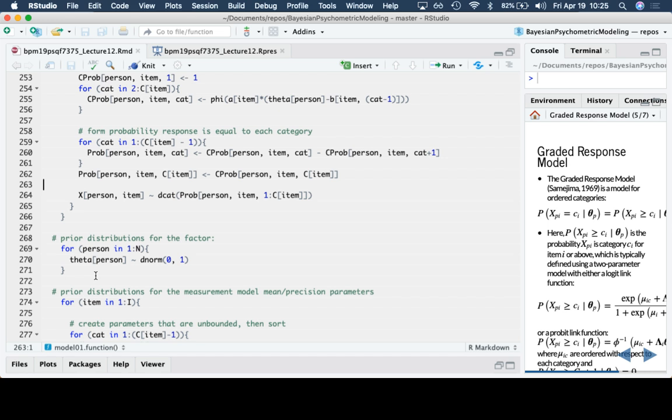And then for the remaining of these, I created the item response function, the C prob means cumulative probability, where I took the discrimination difficulty coded IRT model that's been put into a probit. So phi is the probit function, with a loading that's common across all the categories, a theta for a person, and now B has number of categories minus 1 numbers.